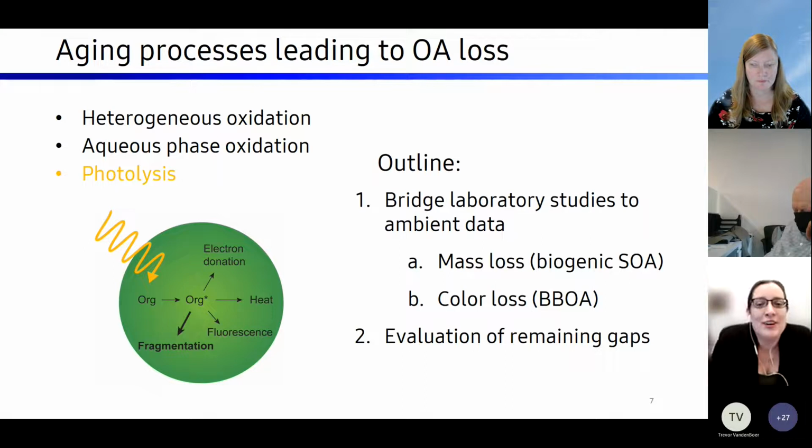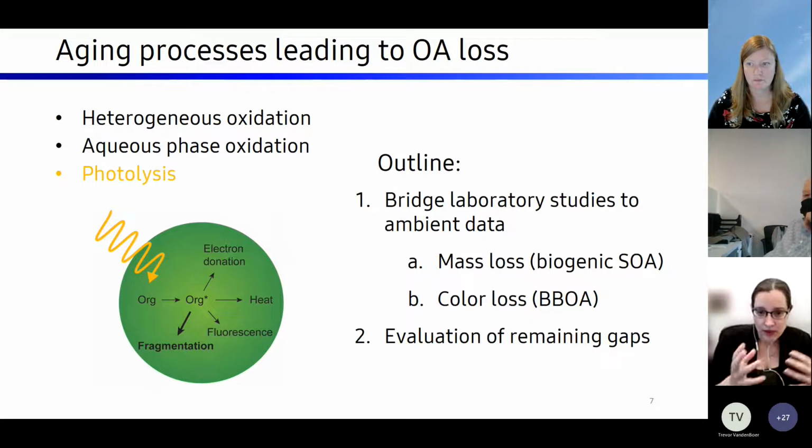That leads me to the overall outline that I have for the talk that I'm going to be giving today. One of the main things that I'm thinking about in my laboratory is really trying to understand the gap that we have between our laboratory measurements and then what we have from ambient data sets or from modeling studies. So I'll be focusing on 2 different studies.